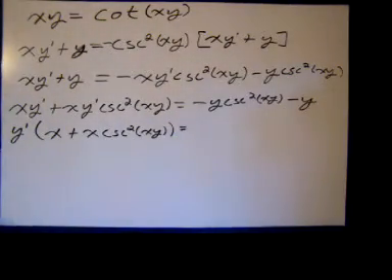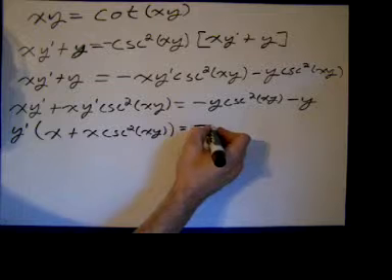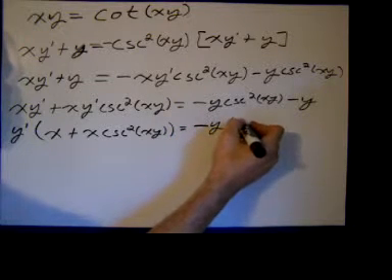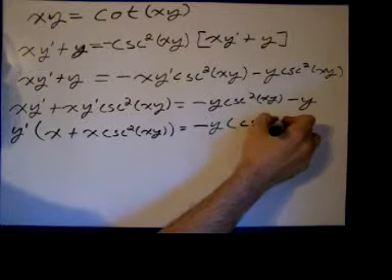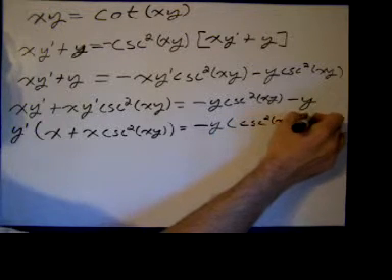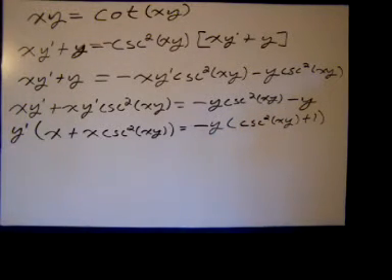I just like the way it looks. I'm going to factor out a negative y from both of those, so I'll get negative y times the cosecant squared of xy plus 1.